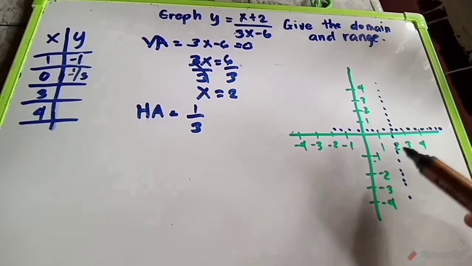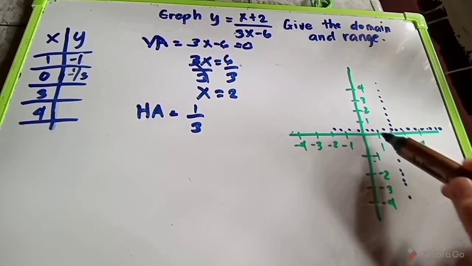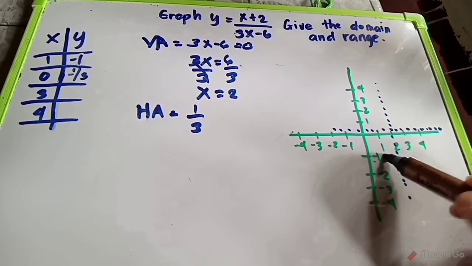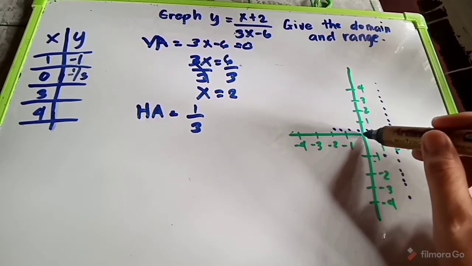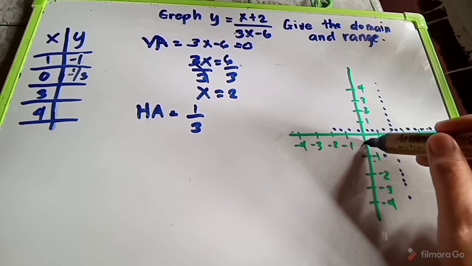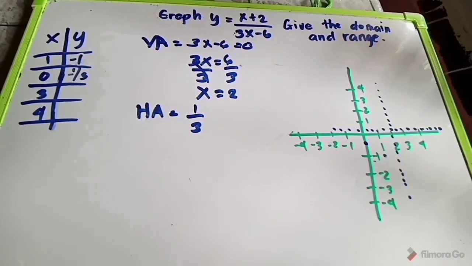So where do we put the negative 1? The negative 1 here. Okay. And then 0, so 0, 1/3. Okay.